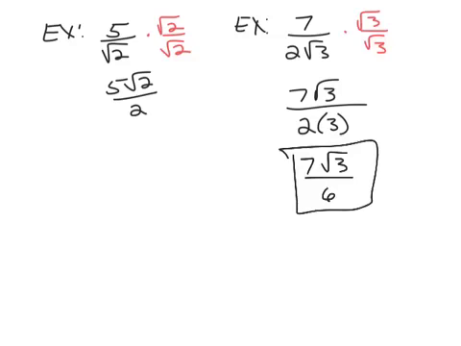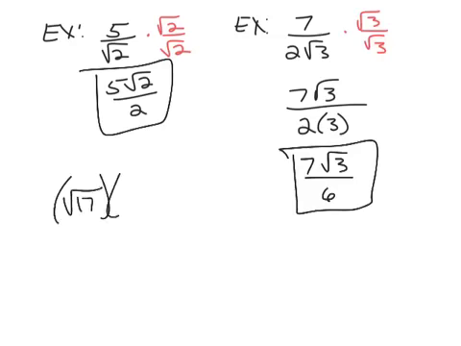That's how you rationalize. Multiplying and dividing should be reviewed from last year, and then rationalizing might be new. The rationalizing part is dependent on the fact that when you square a radical, or when you multiply a radical by itself, no matter what radical it is, you're going to get the radicand as an answer.